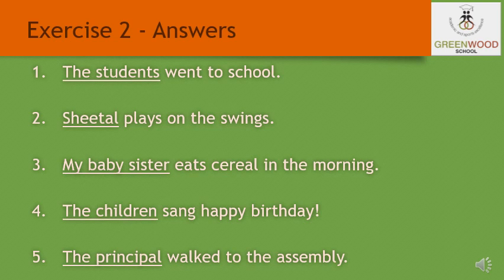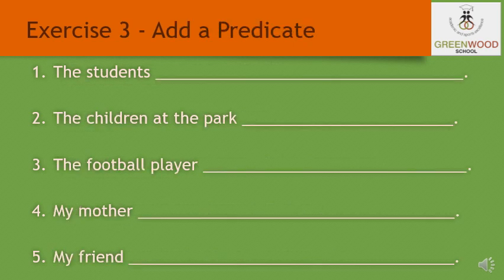Third, my baby sister eats cereal in the morning. Fourth, the children sang happy birthday. And last, the principal walked to the assembly. Some of your answers will match, some won't. So we will see in school how we can solve your answers.